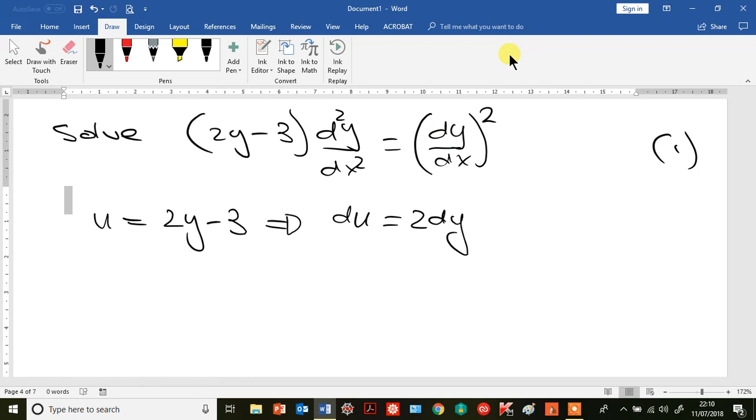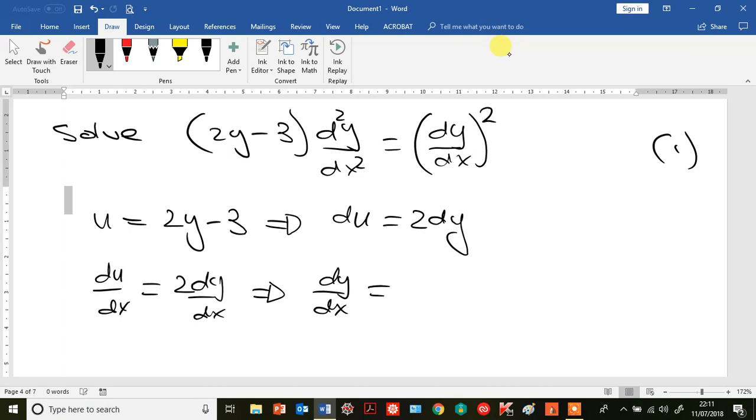So we can rewrite du equals 2 dy as du by dx is equal to 2 dy by dx, and that therefore implies that dy by dx is equal to a half of du by dx.